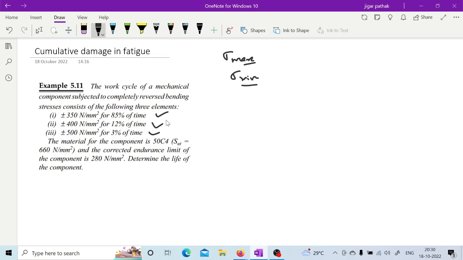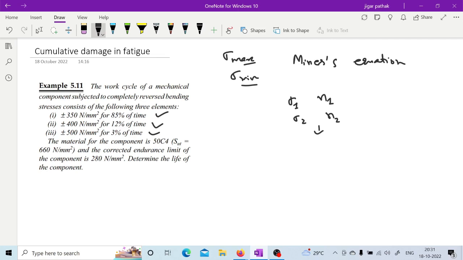So in that case you have to take into account all the things, right? And at that time this Miner's equation is used. This Miner's equation can be helpful in this kind of situation. Whenever you are having sigma 1 stress for n1 cycles, sigma 2 for n2 and so on, there are n1 such cycles.